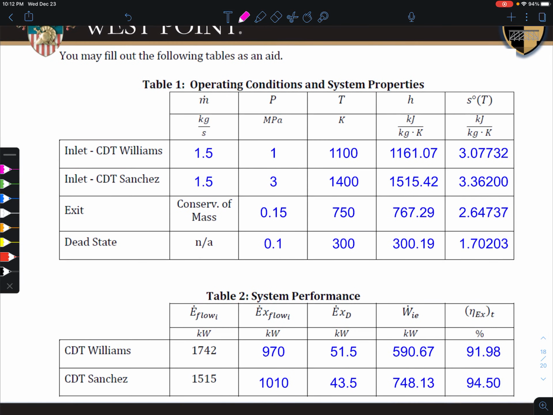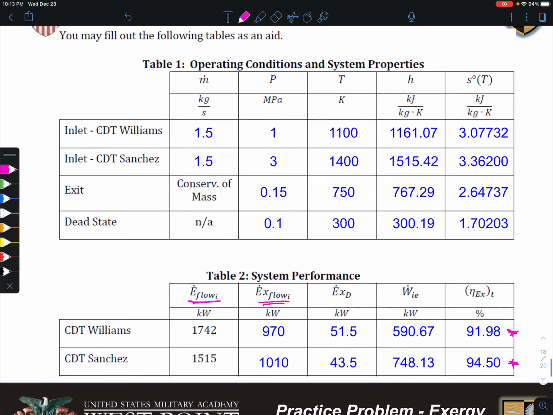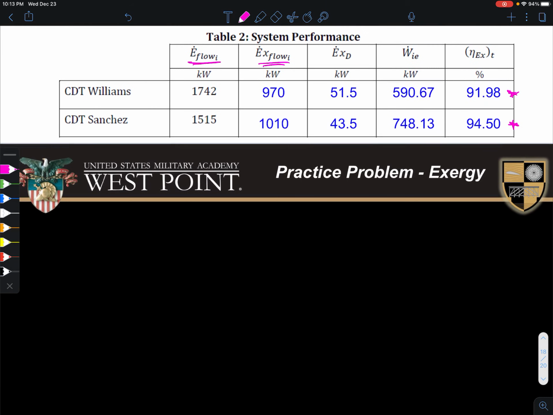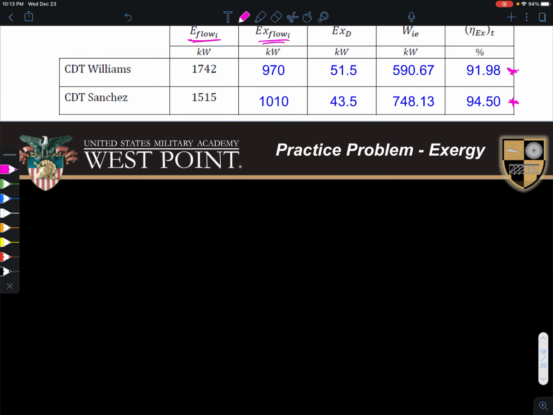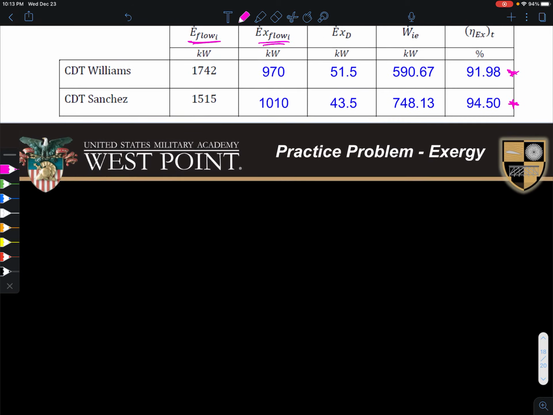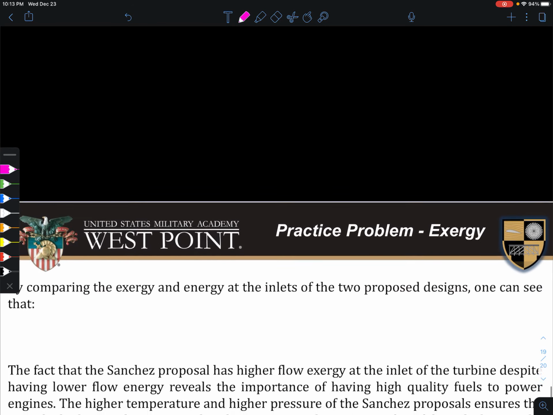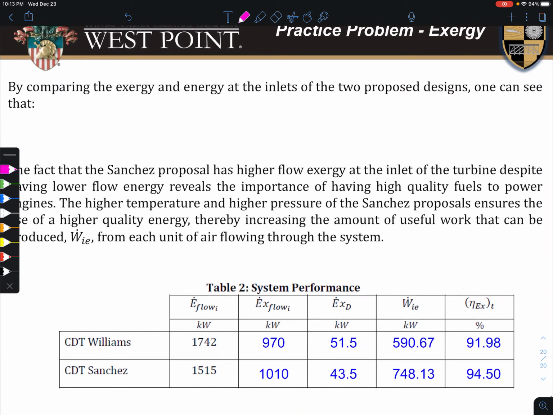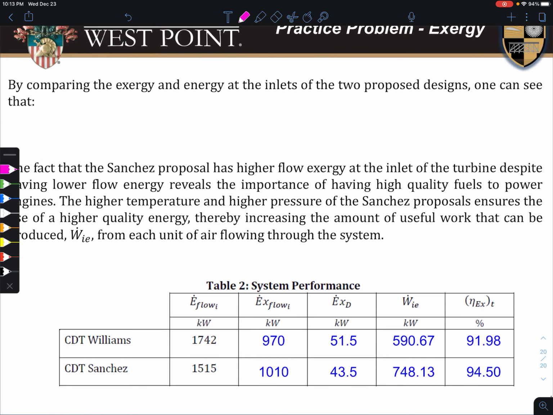Okay, so now we've got that plugged in down here. Table 2 is now completely filled out. We've got a good comparison across the board. We have our energy flows on the far left-hand side. We then have our exergy flows. And that's going to lead us directly into talking about the last part of this problem. And actually, I'm realizing I left an extra screen in there, so let's jump over that.